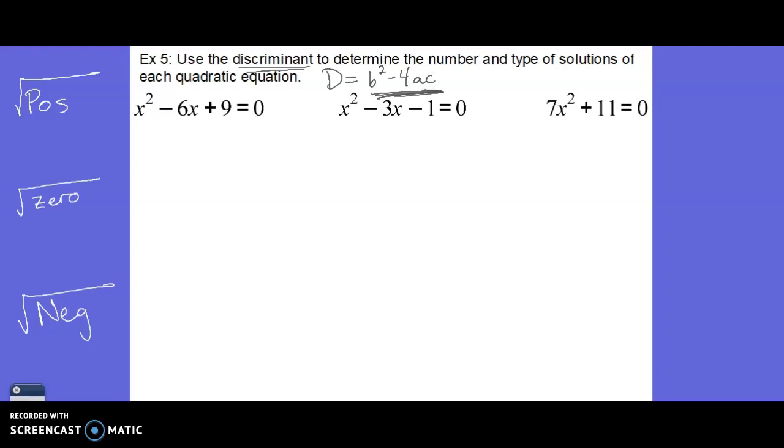So what it's basically boiling down to is if we're square rooting a positive, we have 2 answers, the plus and minus version of that. So that means there are 2 real solutions. In other words, there are 2 x-intercepts on the graph. Now, if we square root 0, yes, there is a plus or minus, but it's adding 0 or subtracting 0.